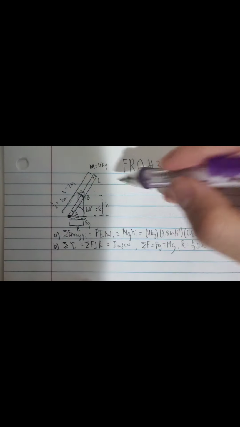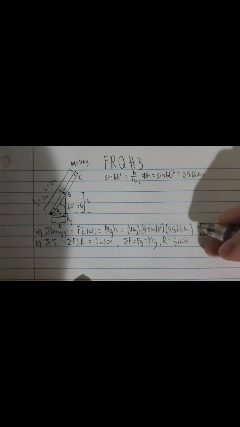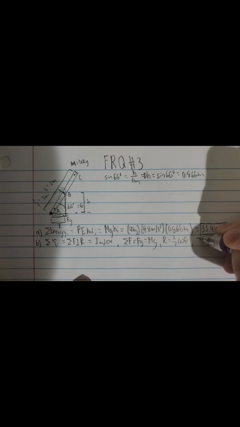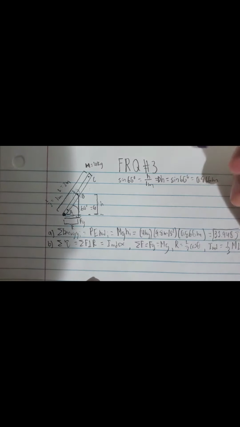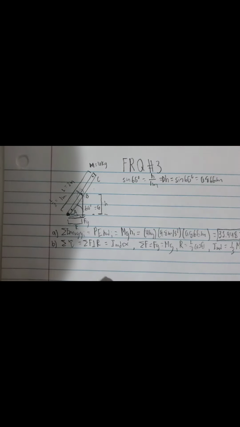So basically the hypotenuse is L over 2 times cosine of theta. And then I also know that the moment of inertia of the rod is equal to 1/3 ml squared, since the rod is pivoting at its end. That's why the coefficient is 1/3.